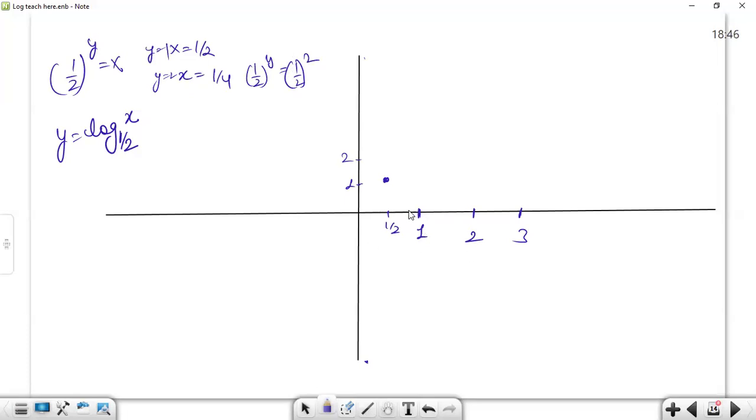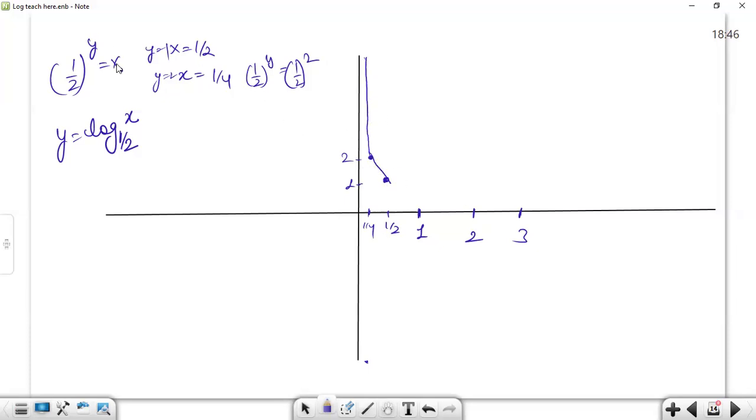So for x being 1 by 4, y is becoming 2. So now we got to know that the curve is going somewhat in this direction. So it will be positive infinity on the origin, and the graph is going like this.